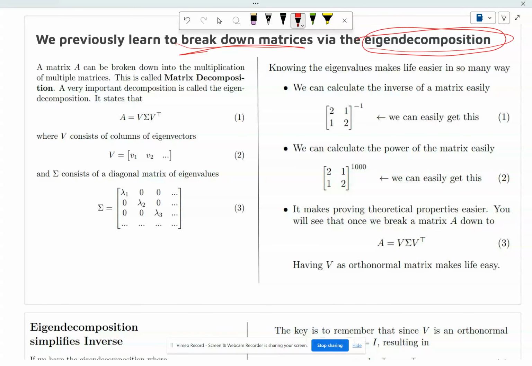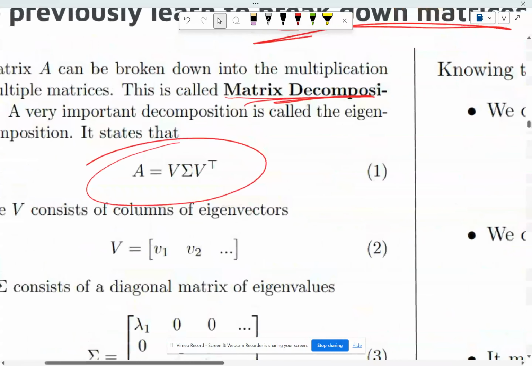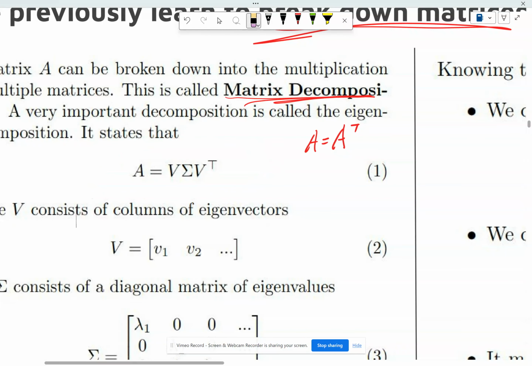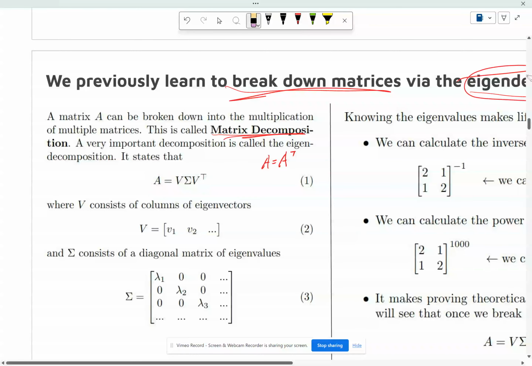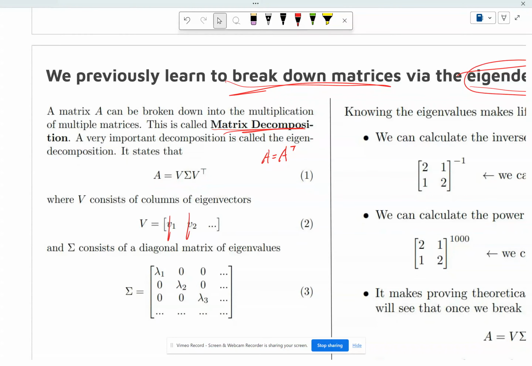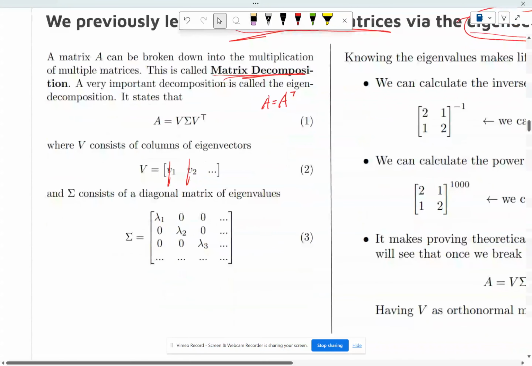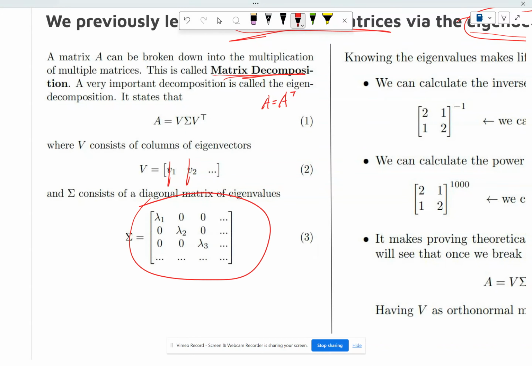Eigendecomposition is such that you have a matrix, and when the matrix is symmetric, you are able to break it down so that these three matrices multiplied together reconstruct A. And what is V? Each column of V is an eigenvector. And what is sigma? Well, sigma is a diagonal matrix where the diagonal consists of the eigenvalues.